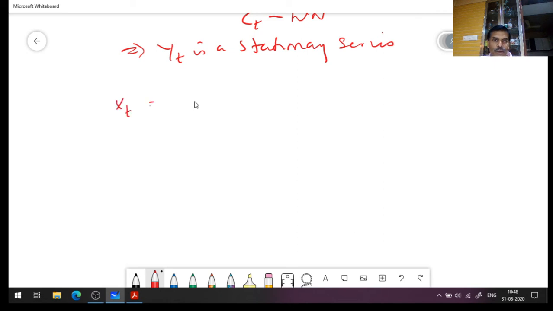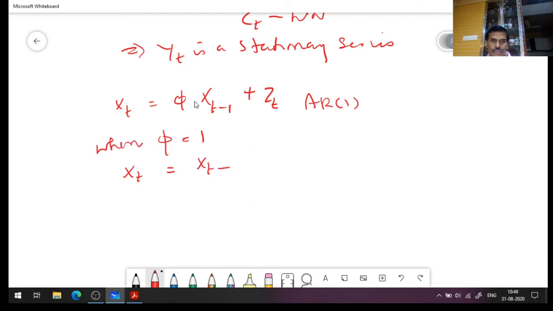An AR(1) model is something like this, xt equals phi xt minus 1 plus zt. And if I take phi equal to 1, you get a random walk. So this is an AR(1), and phi equal to 1 is the random walk.